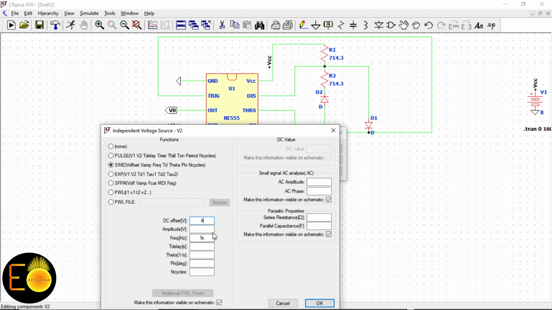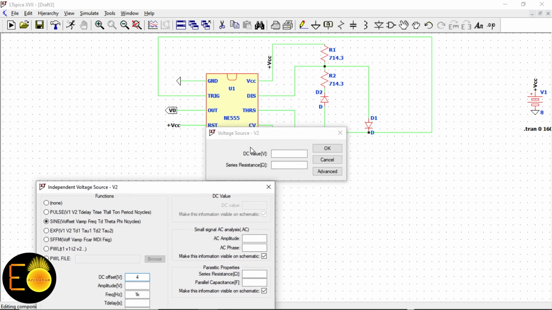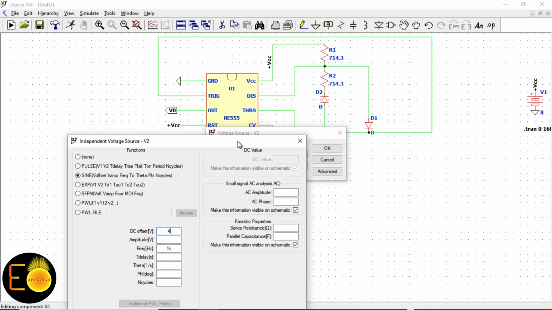So that DC volt you should apply, because this voltage is going to be applied at the pin number 5, the control voltage, which is going to be used as the reference voltage for the upper comparator, the comparator 1.